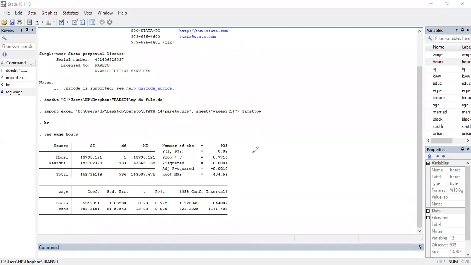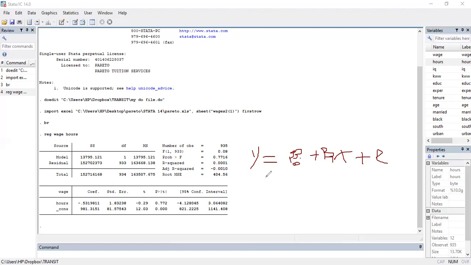Now, the general model that you were taught was y equals beta 0 plus beta 1 x, then we have our error term.